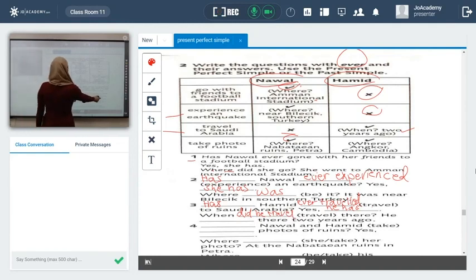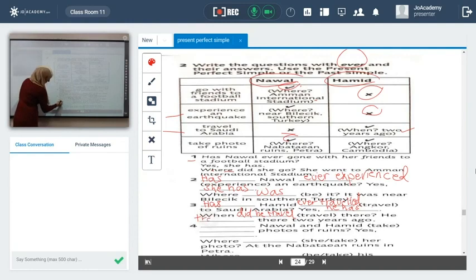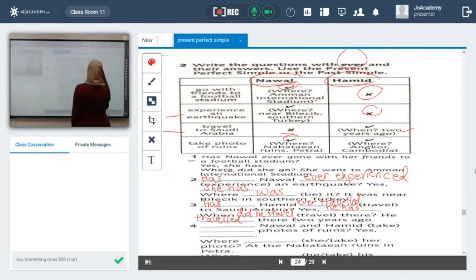When did he travel there? He traveled there 2 years ago.